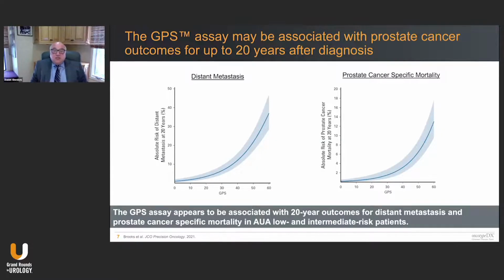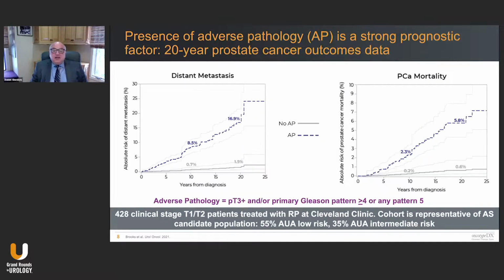Recently, Brooks and colleagues saw that the GPS assay was predictive of distant mets and prostate cancer-specific mortality even out to 20 years. The other key predictor in the assay is the prognosis for adverse pathology.